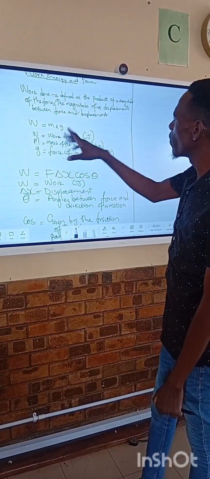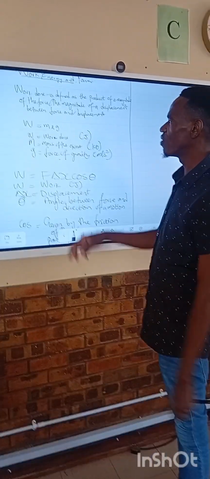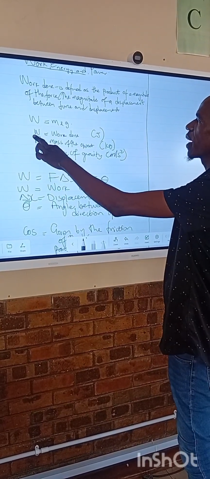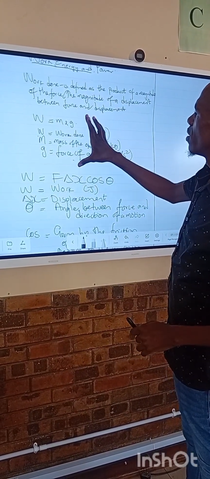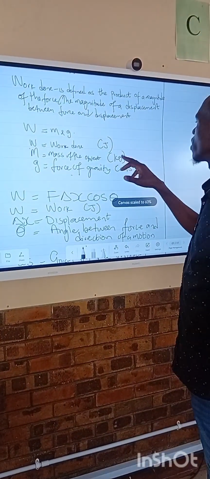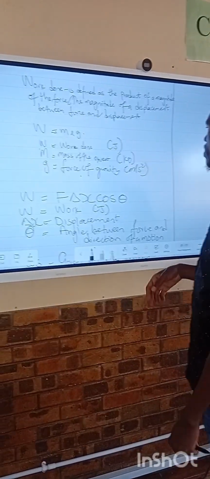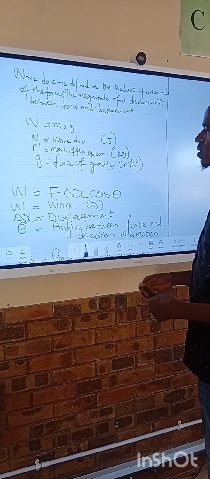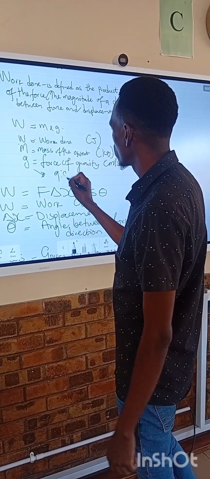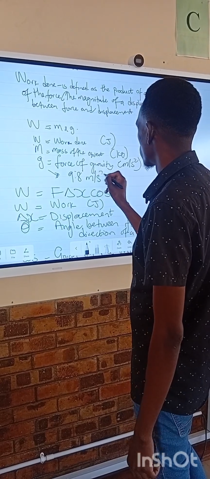The work done on an object is equivalent to the mass times the force of gravity. Work is measured in joules, mass is measured in kilograms, and the force of gravity is measured in meters per second squared. The force of gravity is a constant value of 9,8 meters per second squared.